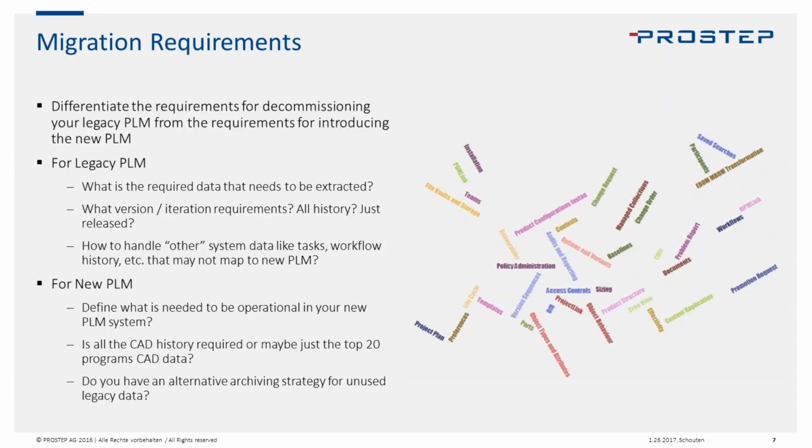One, there could be a third-party system that you're going to archive stuff to, right? Or maybe your legacy PLM, you want to keep that around as an archive, even though you have to keep licenses and hardware around or something like that. But you can scope it appropriately because you might not need all that data.